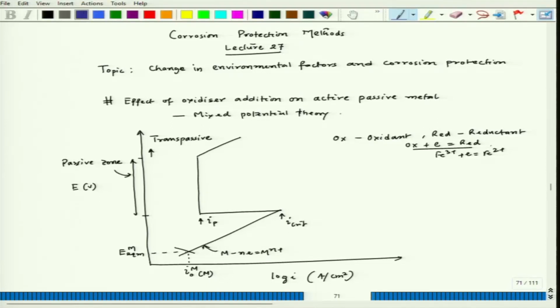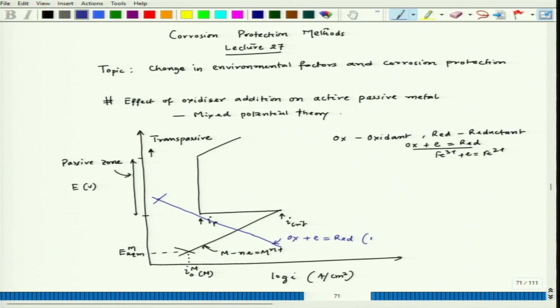Now, if we consider this particular oxidant reaction, let us say at a particular level of oxidant concentration, this is the interaction. This is talking about OX plus E equal to red.